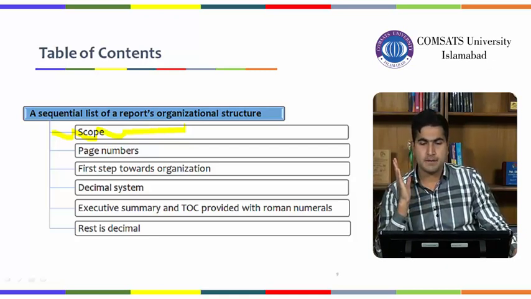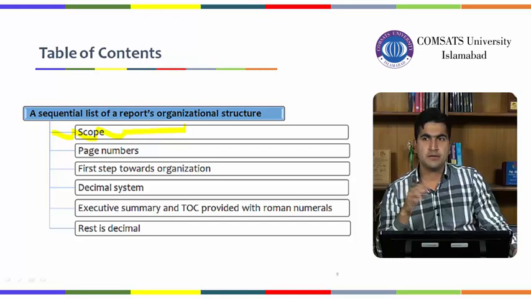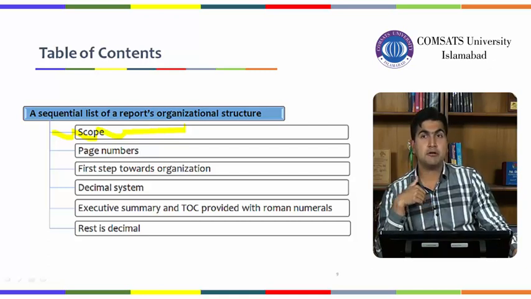So now I have placed a line, which means that the results will be generalized on the employees of ComSets, and making it even more specific, ComSets Islamabad campus, meaning the results probably can be different in case of any other university of your region. If I say the name of any other university, say Quaid-e-Azam University, the results may be different.